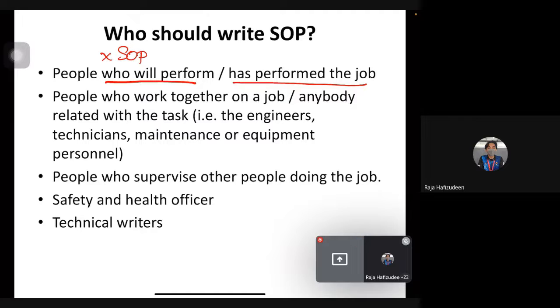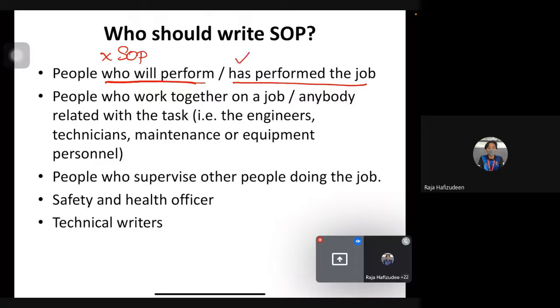Since there is no SOP, you will create an SOP so that you can perform the task. So people who will perform means that you are going to create the SOP. People who have performed the job: maybe you are working with company A, and you found out that there is an existing SOP over there.